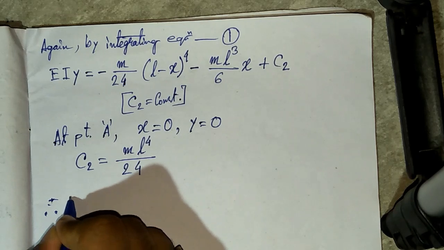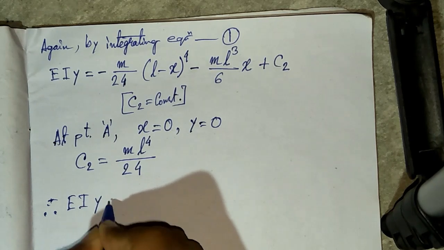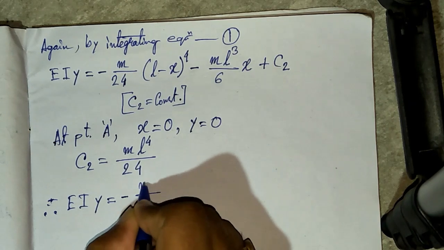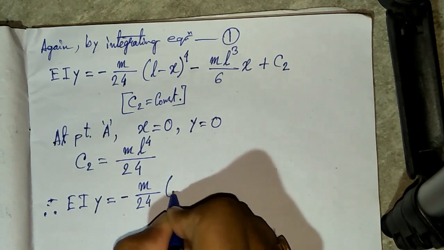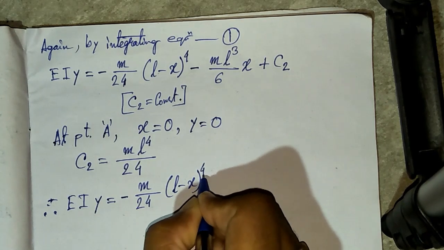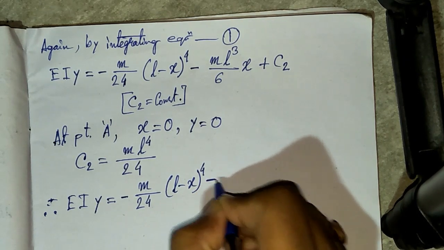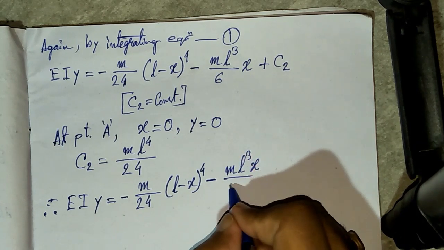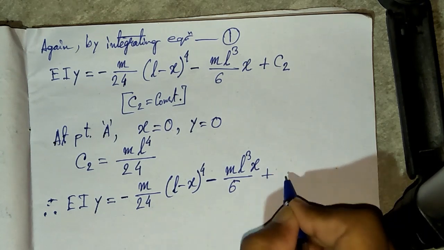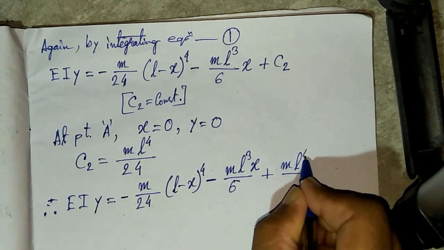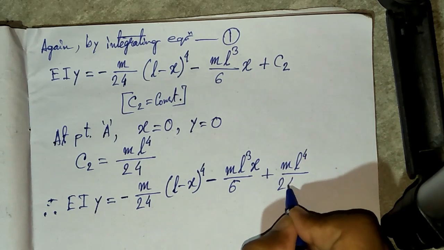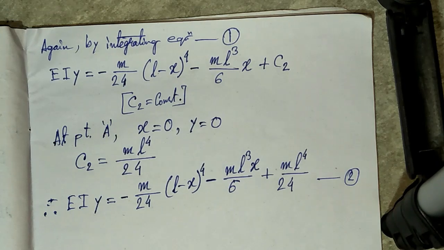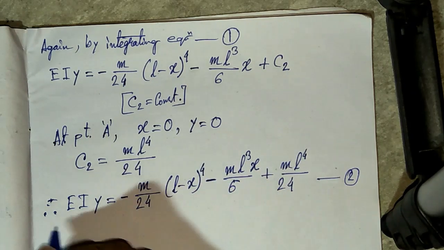Therefore we can write EI into y equals minus w by 24 into (L minus x) to the power 4 minus w L cube x by 6 plus w L to the power 4 by 24. This is equation 2, and this equation is the deflection equation.